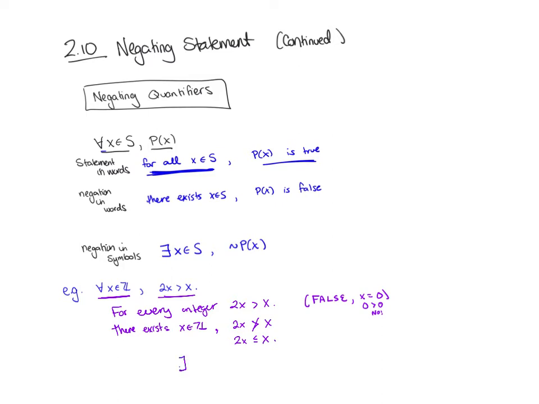So I'd say there exists some x in Z such that 2x is less than or equal to x. Again, when I'm negating here, my for all becomes there exists, and then I negate that statement. The negation of greater than is less than or equal to.